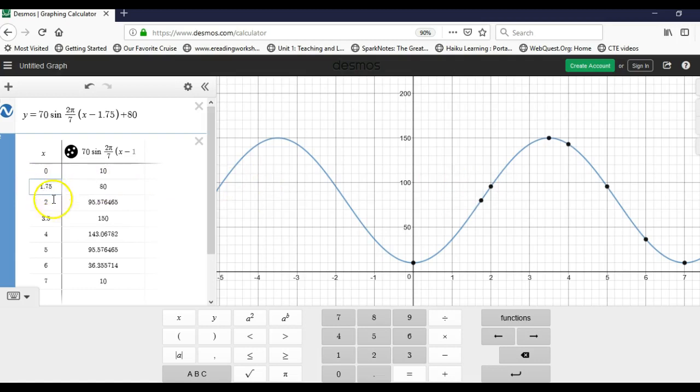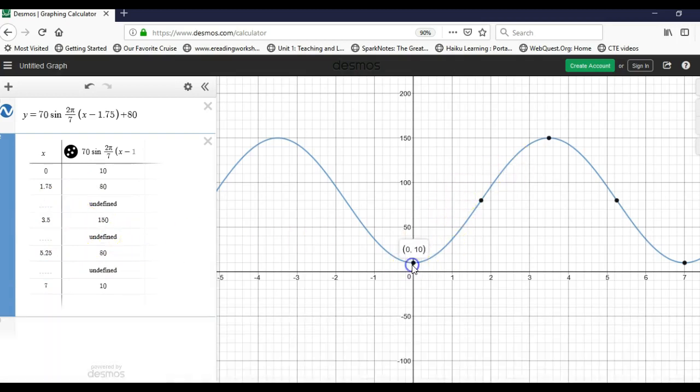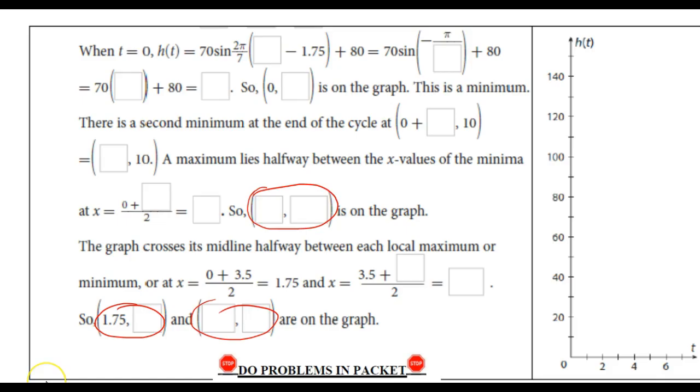So if I add 1.75 plus 3.5, that would be 5.25. Oh, that's kind of cool. So I'm going to erase the decimal ones. And I know it's going to give me undefined because I don't put anything there. But essentially, I have 1, 2, 3, 4, and 5 points that I could actually record onto our piece of paper. So let's go ahead and do that right now.